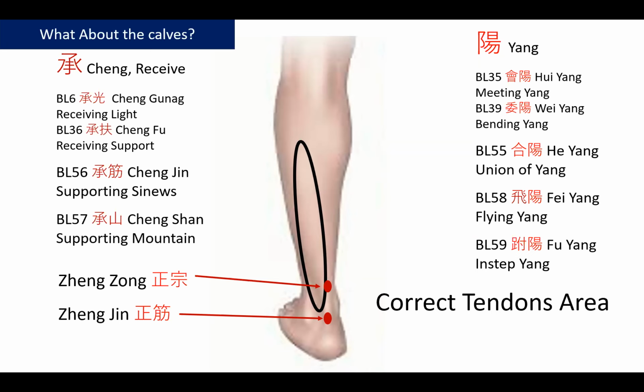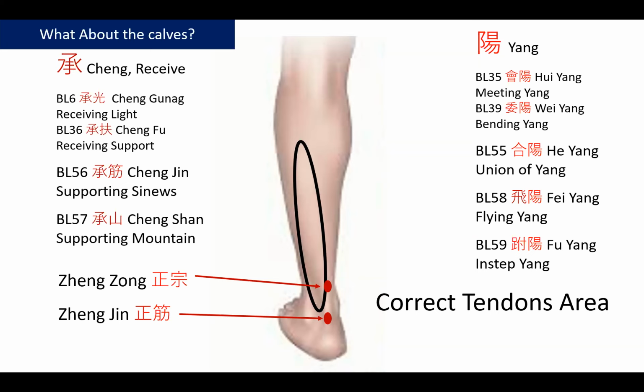It's very weird, even though it should not relate, because it's receiving the light from above, whereas these other points are receiving gravity. Totally different, and yet there's something similar. Two of these points, bladder 56 and 57, are in this calf area.